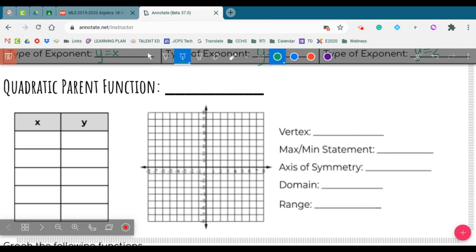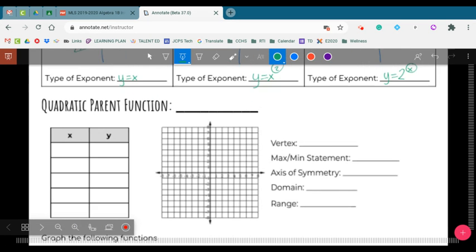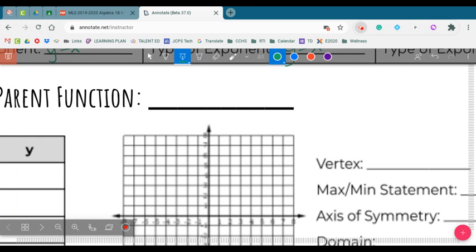Now, we're going to start off by talking about our quadratic parent function. So our quadratic parent function is y equals x squared.